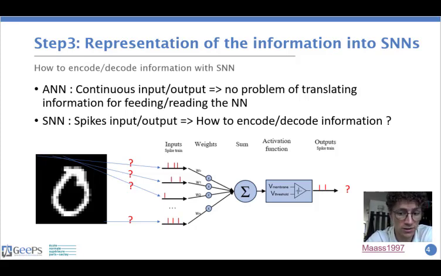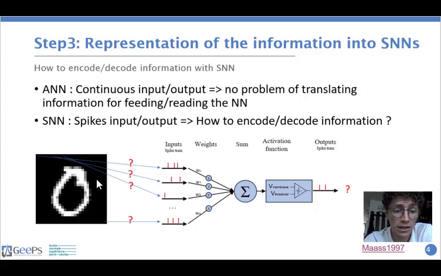And a very simple answer you would likely give is to represent information in the number of spikes. So it's related to rate code. For instance, let's take a white pixel, so a high pixel value, let's say 200. We could say that it will be represented by 200 spikes in the spike train, whereas a dark pixel will be represented with no spikes, or only a few spikes.